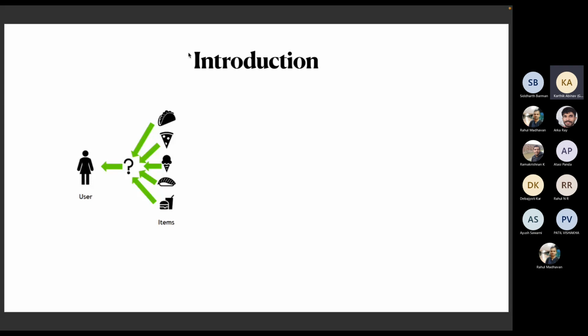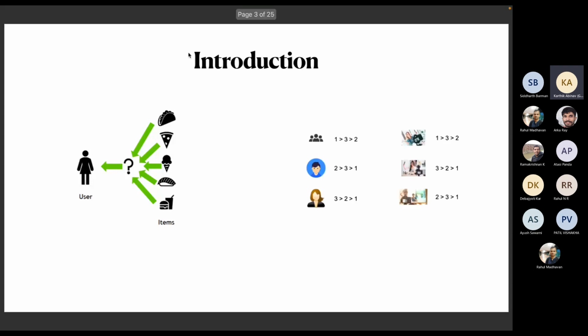But reality is a bit different than that. The reality looks something like this. You have many users in the system, and you have many different items that you want to recommend. And typically, items in the modern day recommender system are also like other people on the system, right? These users have some kind of preference over different content.